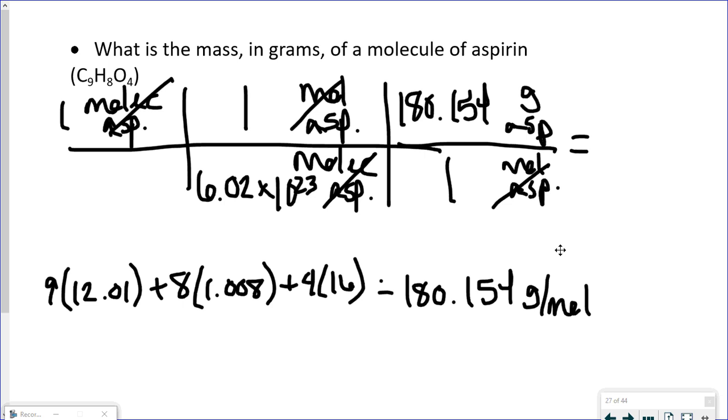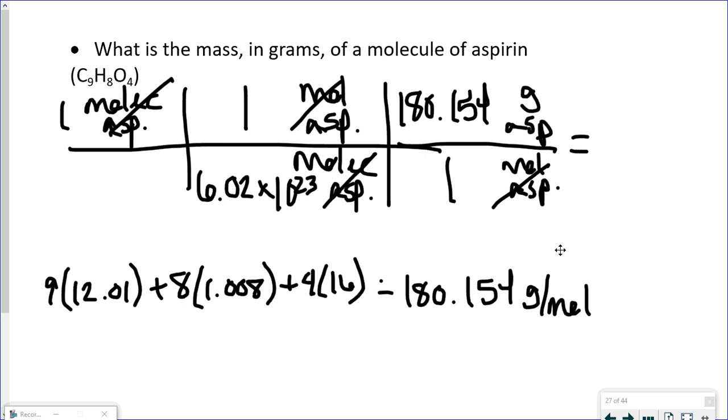So when we type this in, we have 1 molecule divided by the 6.02 times 10 to the 23rd. Don't forget to either use the parentheses or EE button with the 6.02 times 10 to the 23rd. And we're going to multiply by 180.154.